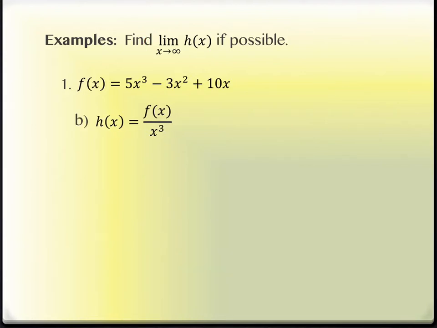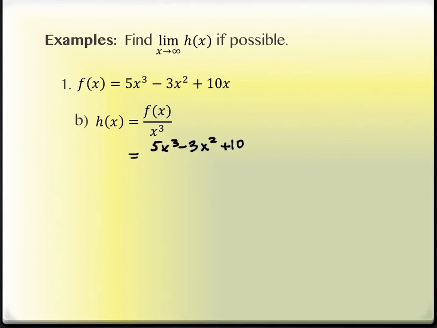Now take a look at the same function, but instead of dividing it by x squared, what are we dividing it by? X to the third, right? So let's see what happens differently when that piece changes. Everything else stays the same. So I have the same 5x cubed minus the 3x squared and the 10x.